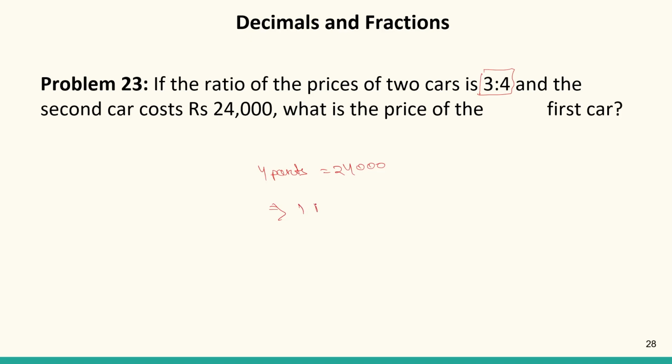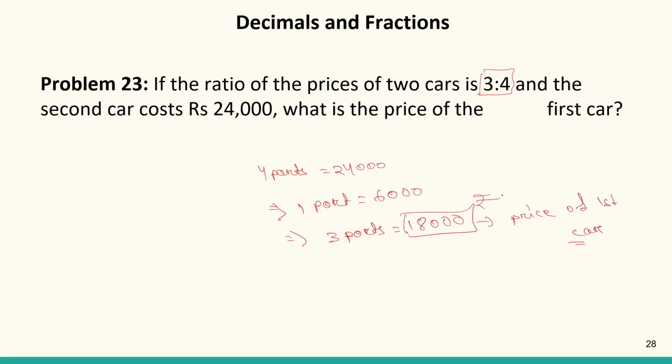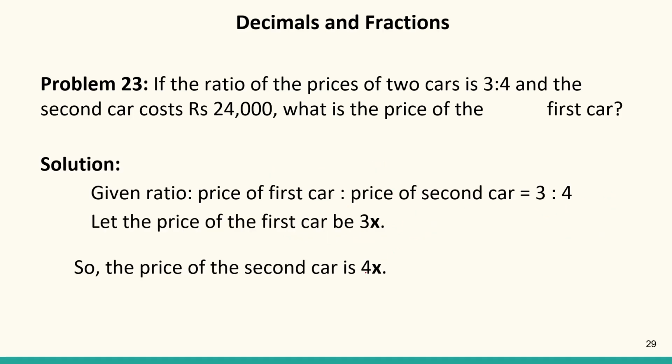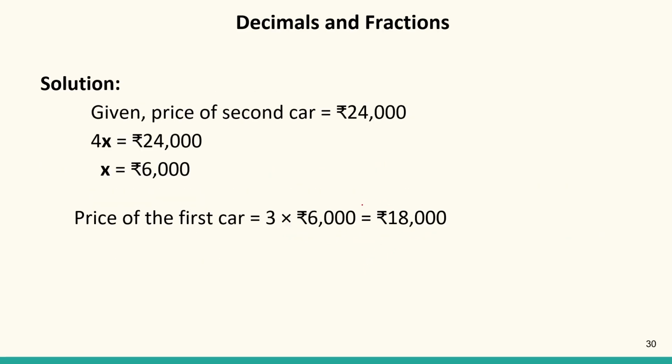So this implies that one part is equal to 6,000. So this implies that 3 parts is equal to 18,000. So the price of the first car costs this much amount of rupees. Okay, so this is the answer.